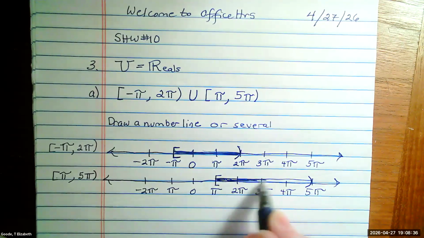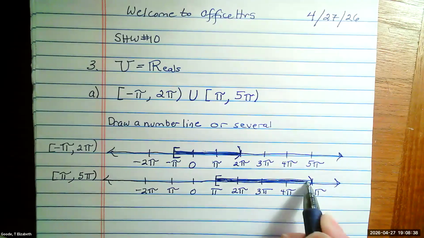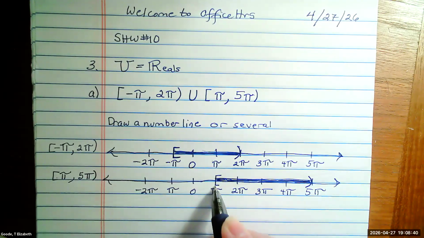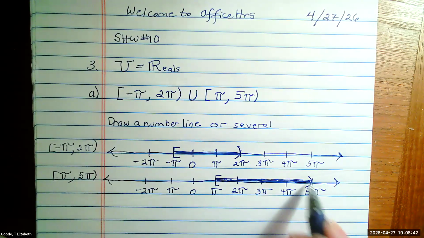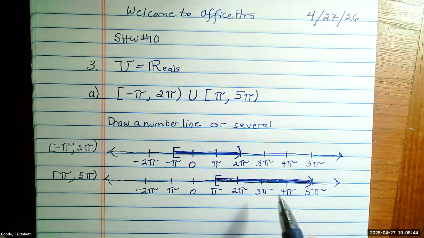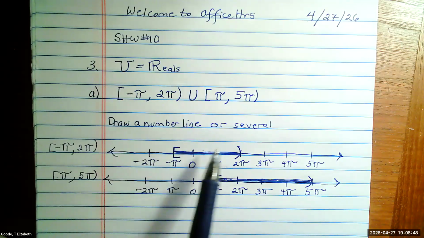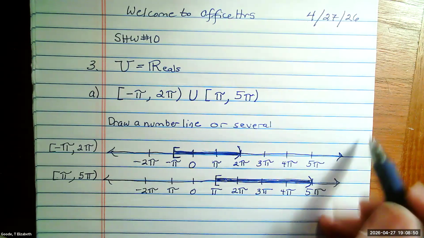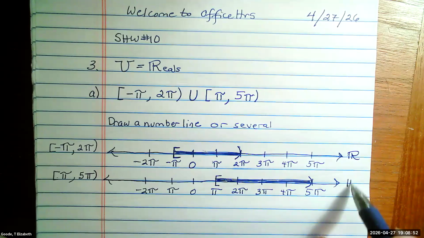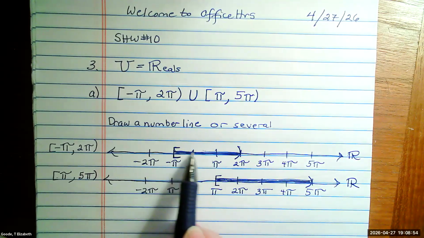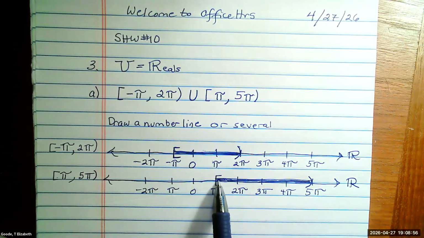So it's all of these numbers in here, including the pi, but not including the 5 pi. So when we are trying to calculate the union, we want the x's in the reals that are either in this set or in this set or both.